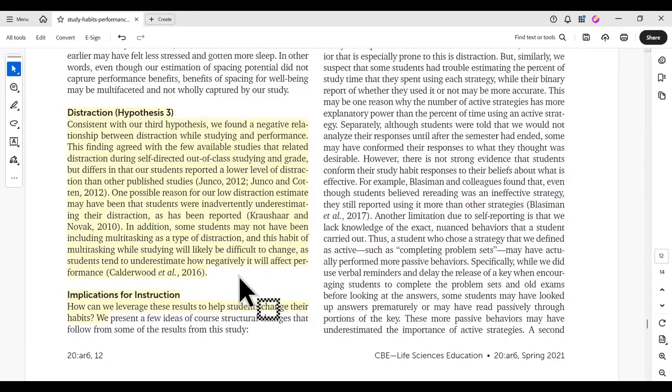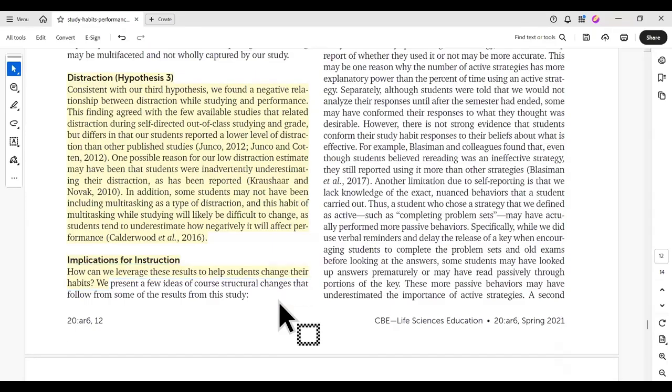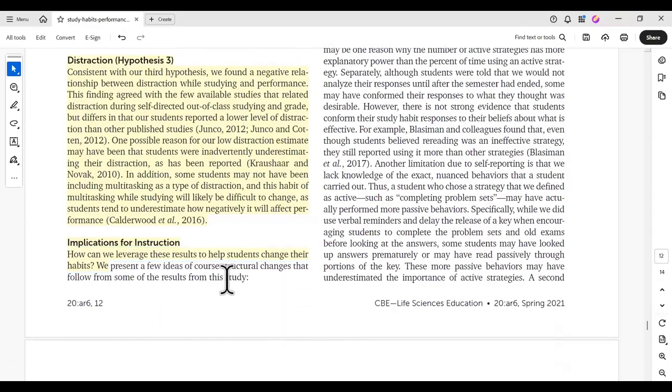So that's a really common way that we talk about what might have gone wrong with how we did our study, and we may not realize that until after we've done it, right? So you don't have to do it all over again just because you notice some things that could be done better.